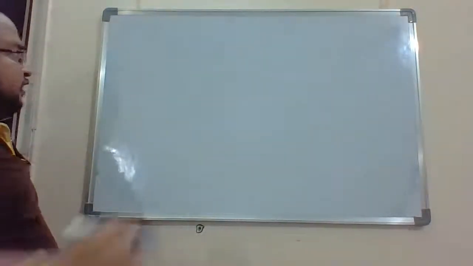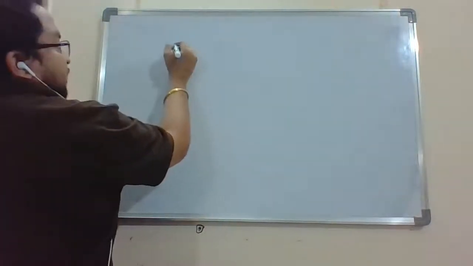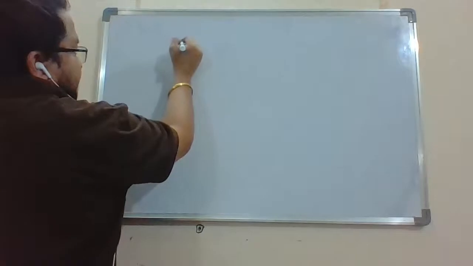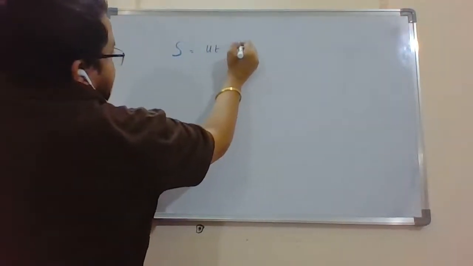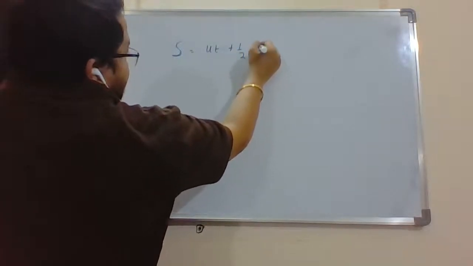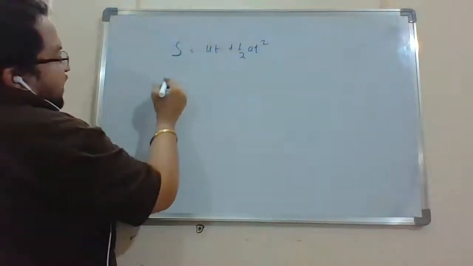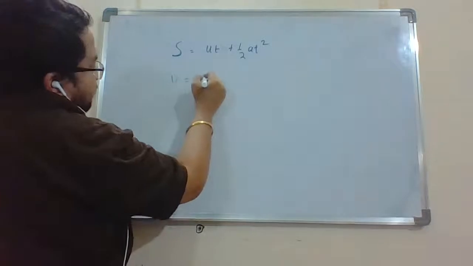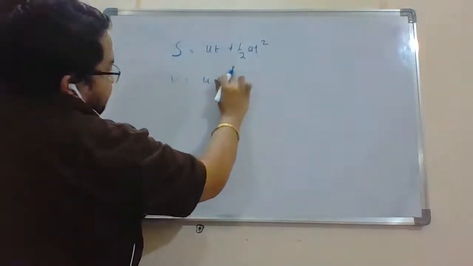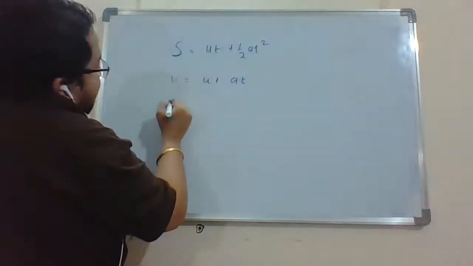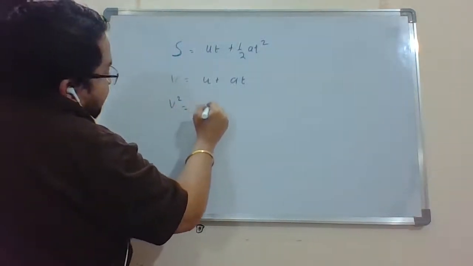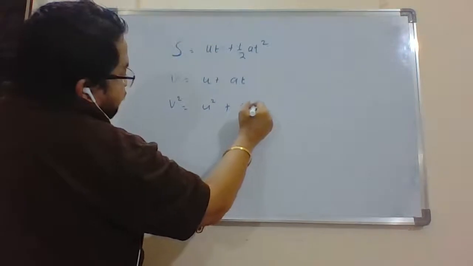So let us go into the three kinematics equations that we have studied in our high school life. We had studied S equals ut plus half at squared. We had studied v equals u plus at, and we had studied v squared equals u squared plus 2as.